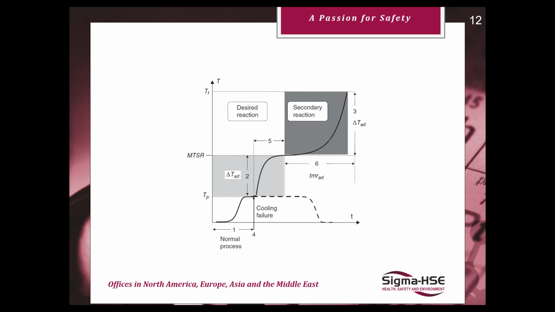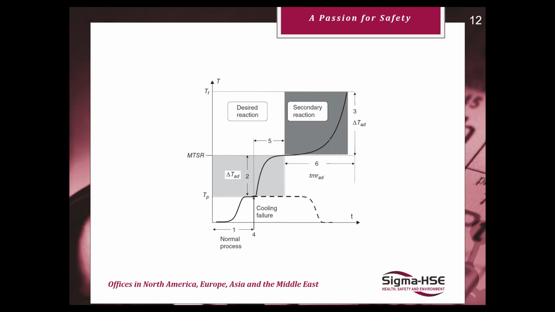So we've got a bit of a demonstration here where region 1, the normal process at the bottom left, shows we've got our batch reaction, all our reagents are loaded in, and then we heat up the system to commence the reaction. The dotted line would then show what we would want the process to normally operate as.